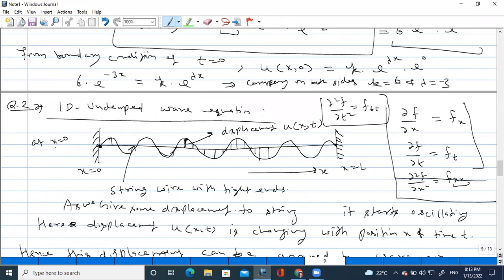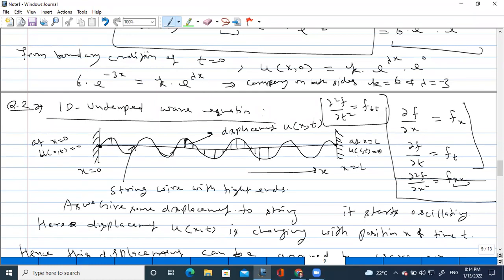At x equal to 0, u(0,t) will be 0 only, because this is the fixed end, and at the fixed end it will always be 0 displacement. At this fixed end also it is always 0. So at x equal to L also your u(L,t) will be 0. So if these conditions have not been given in the question, you can always take them.